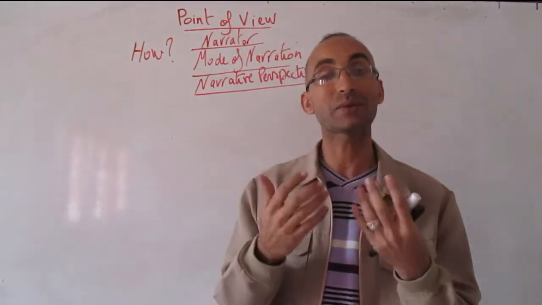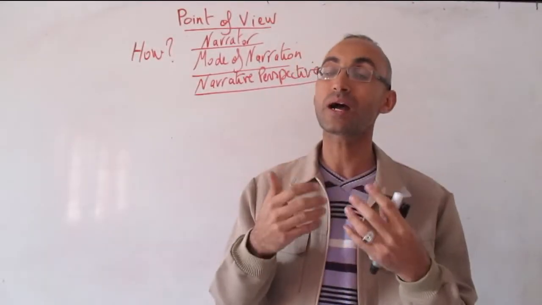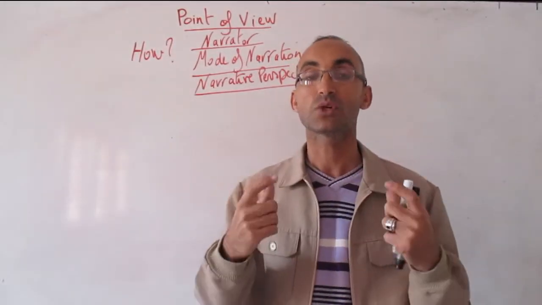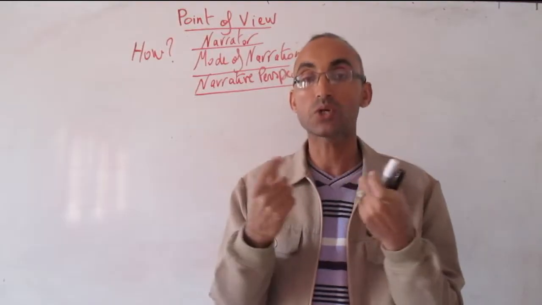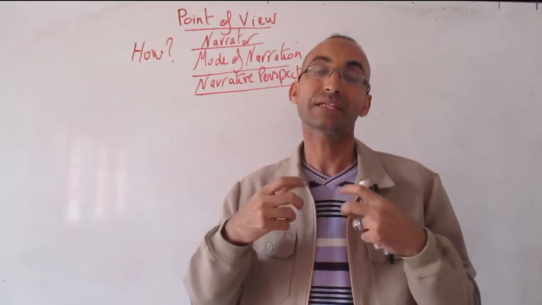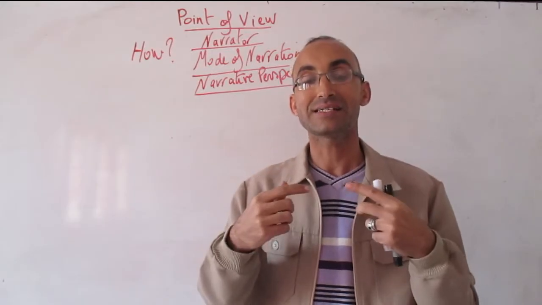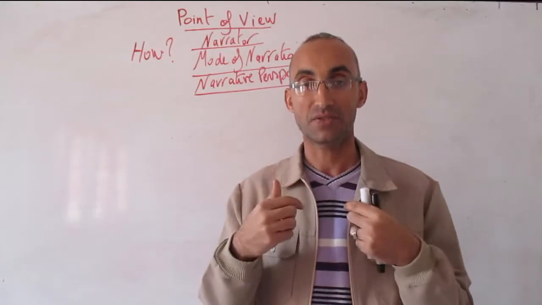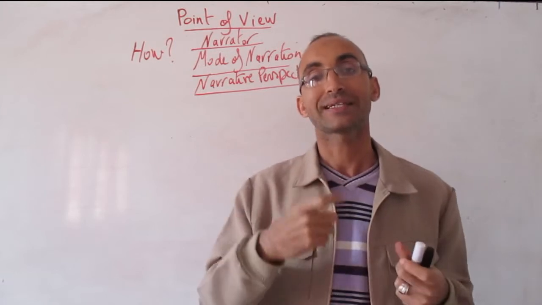We see only what he sees and we know only what he knows. It means here we are limited to the scope of this character. That's why we can't know anything unless he informs us about it. This is one of its shortcomings.